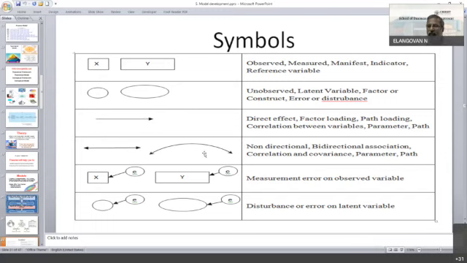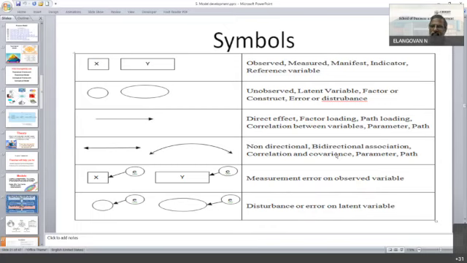Double-headed arrows. What are double-headed arrows going to tell us? They tell that the relationship between the two connected variables is mutual. It's not a one-sided relationship. So what we call a correlation or a covariance. Last class also I explained what a correlation is. You can change the variable this side and that side.